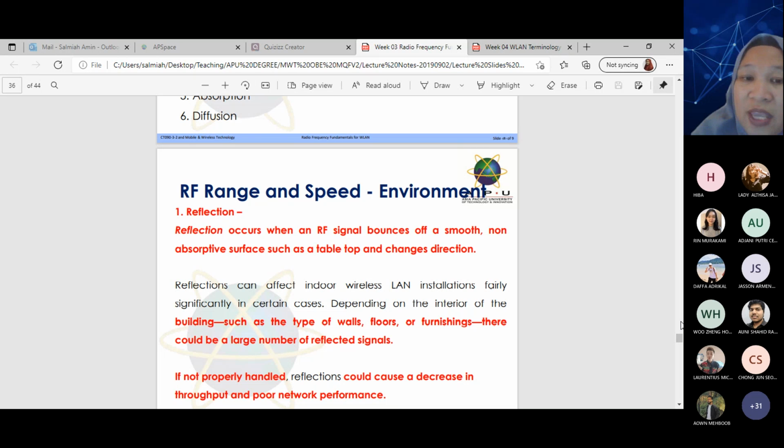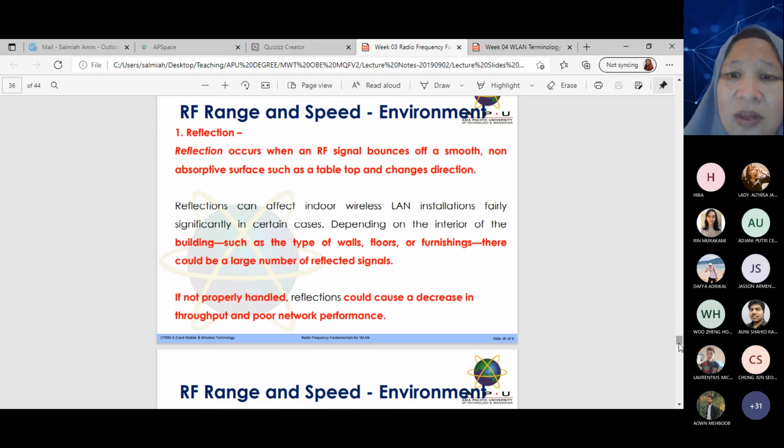Like reflection, normally a tabletop made from certain materials can absorb the signal, but some materials cannot absorb it, so it reflects in another direction, right? And we can have different types of material.